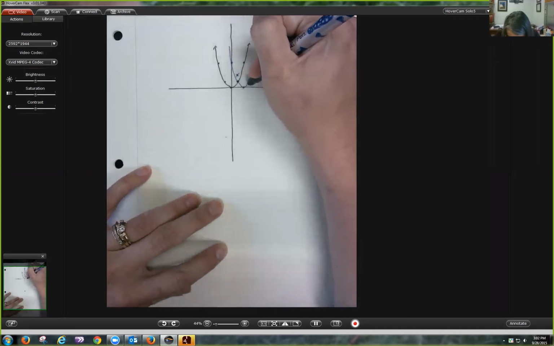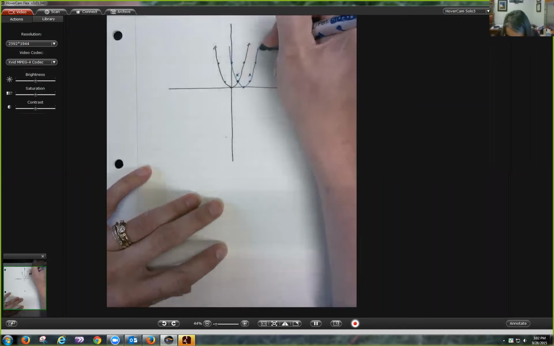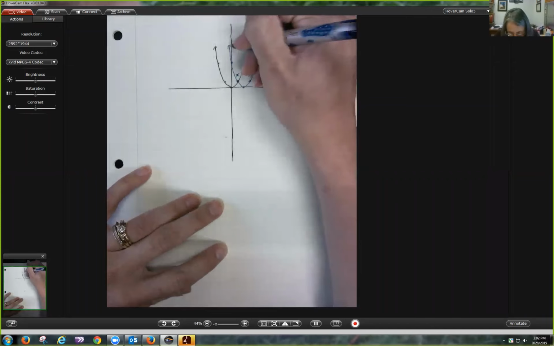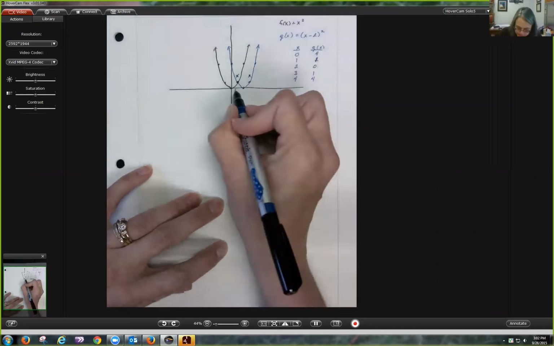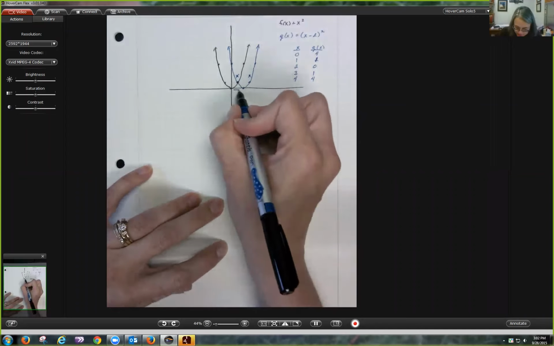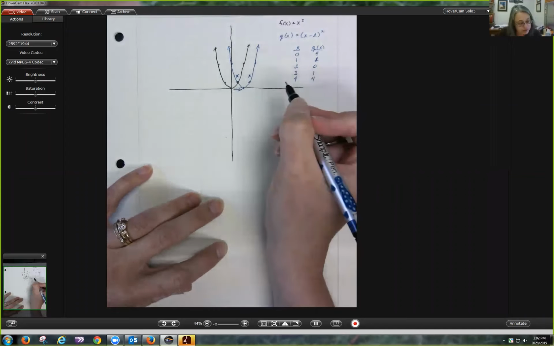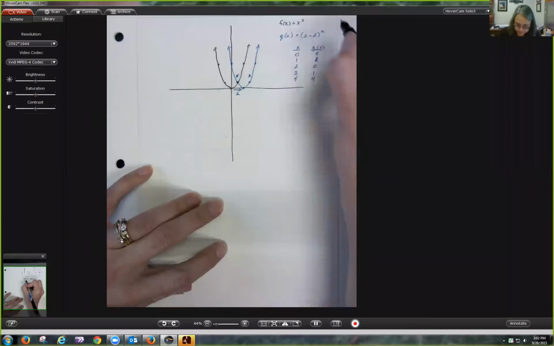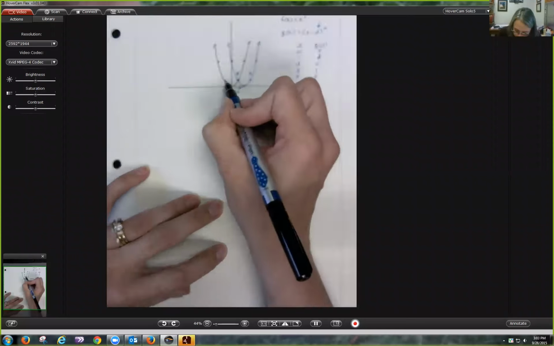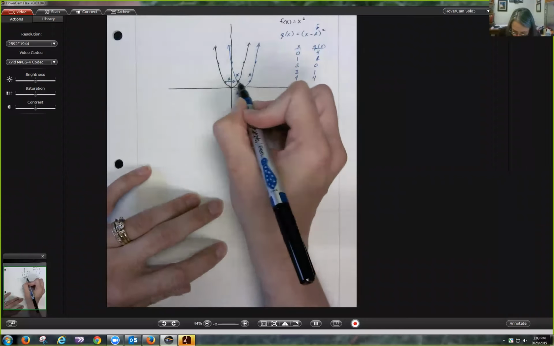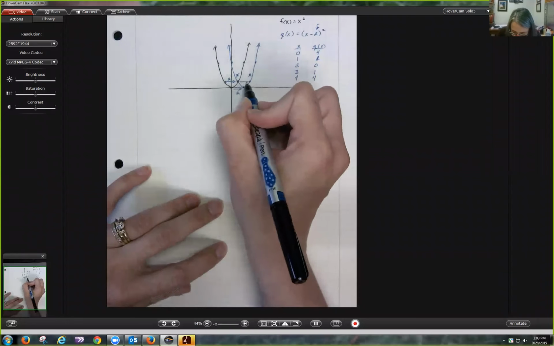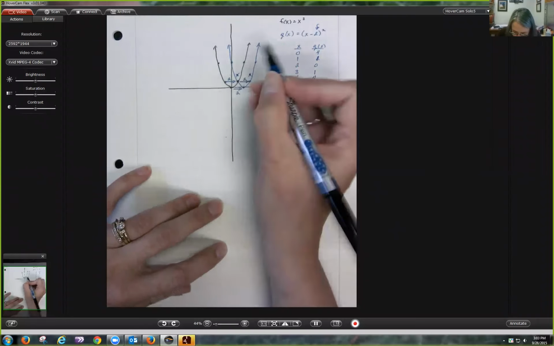looks like this. Now you notice it's the same shape as my basic, but it wasn't shifted vertically, was it? It was shifted horizontally. So if I count from here to here, we moved over 2 units. From this point to that point, I moved 2. From that same point on the other side of my parabola, I moved 2.